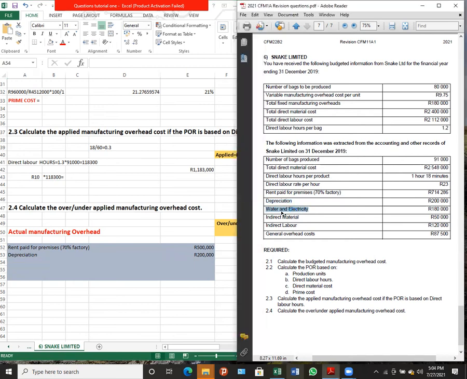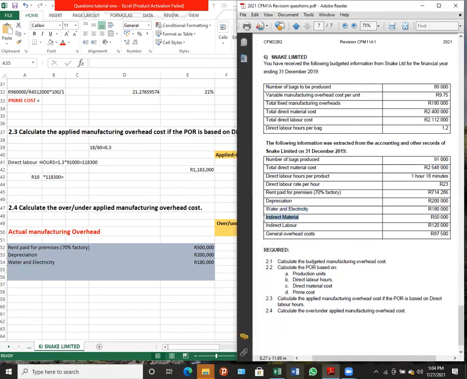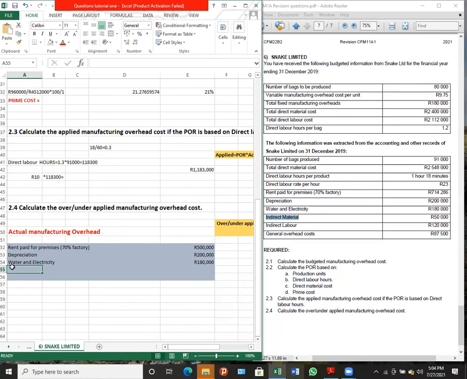And then water and electricity, ne? Sometimes they state, like, 70% of water and electricity is for factory, or for admin purpose, ne? And then we have how much, guys? We have indirect material, ne? Yeah, this one was long, guys. And then we have indirect labor.